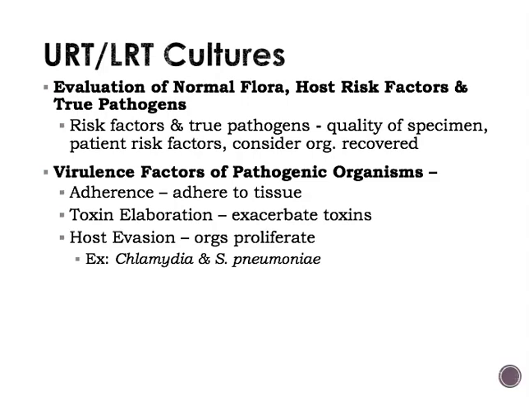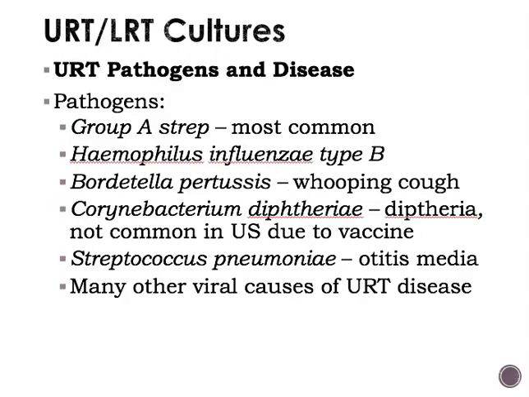It is an intracellular parasite, so it's taken up by the host's cells, but then the host cells protect the chlamydial cells from the host immune system. So they have a way to hide out from the host immune system. Strep pneumoniae and some other organisms form capsules that prevent phagocytosis. We've talked about that previously.